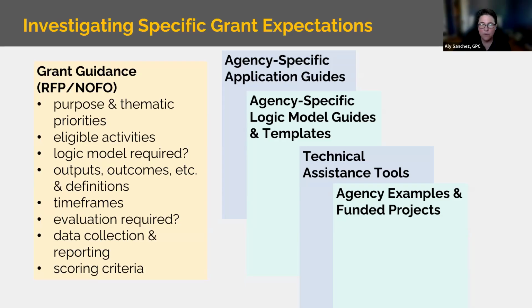And within the review criteria, is there anything specifically said about the logic model? Or other things that are relevant, such as results or approach, that speak to or have the logic model as a consideration. Also, is it a separate attachment or embedded within the page limit of your narrative?